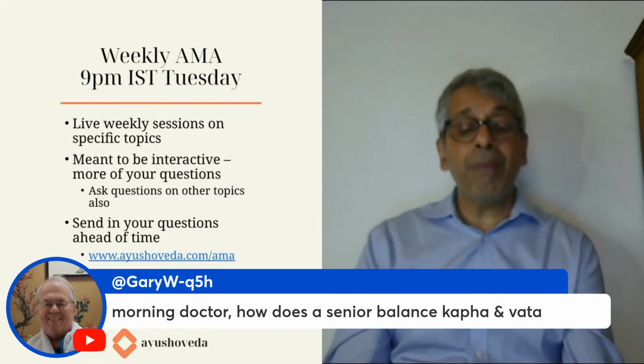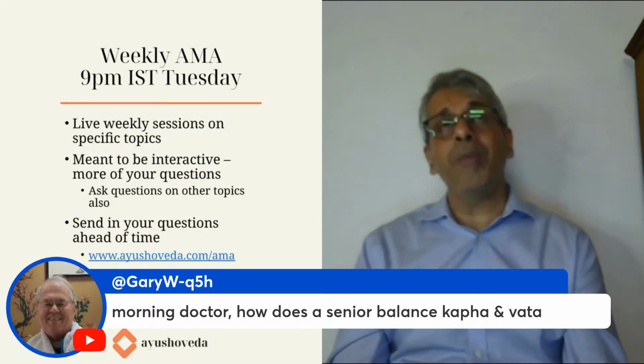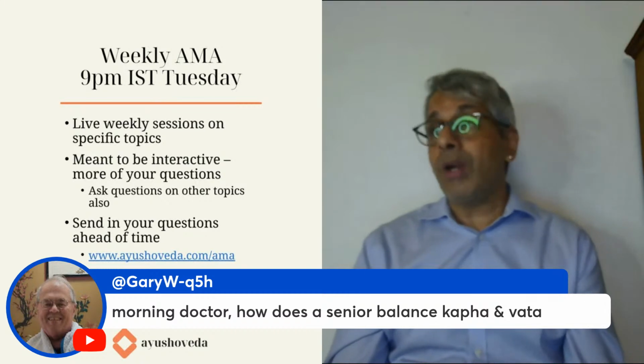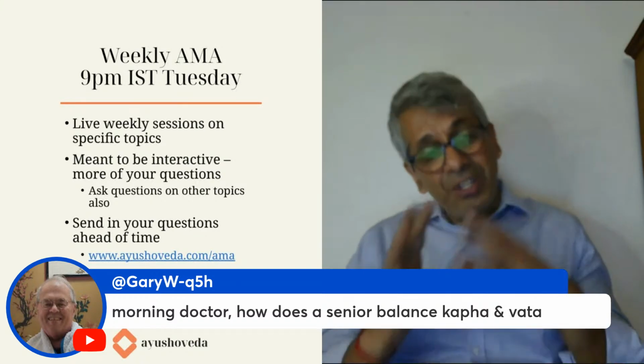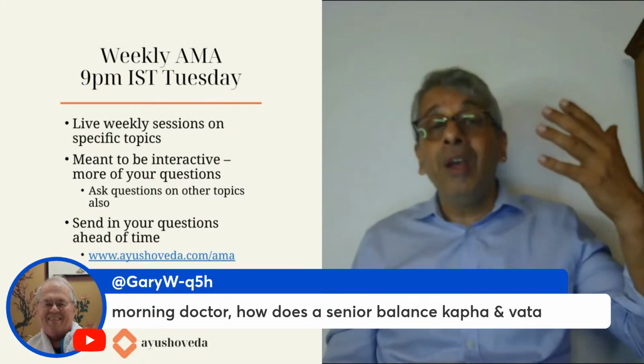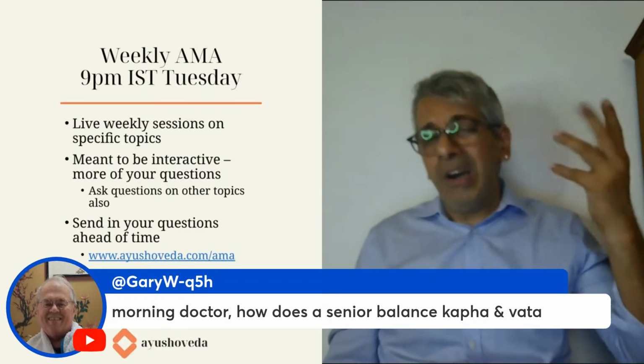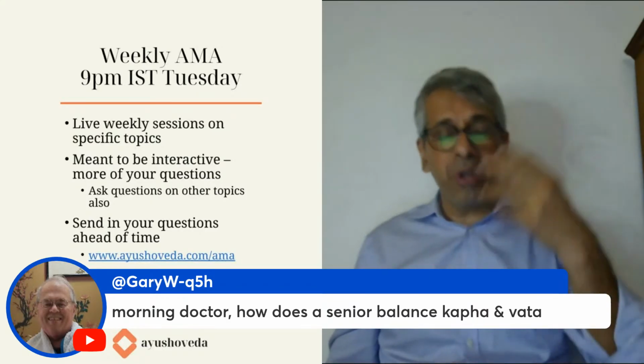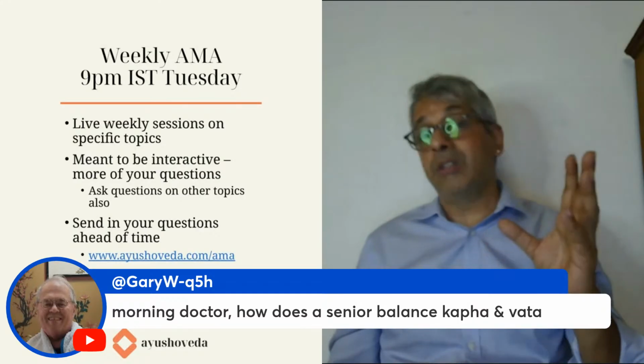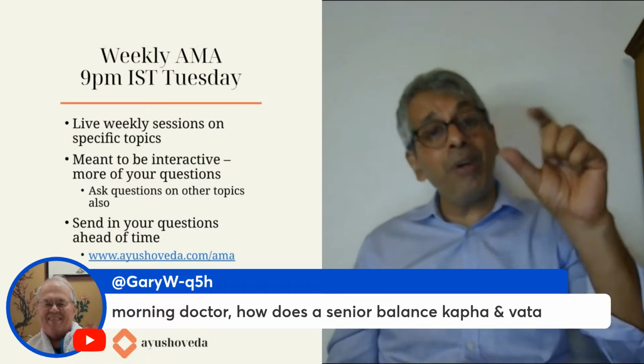How does a senior balance kapha and vata? Gary, if you are predominantly kapha, then all your issues would have predominantly been over in your childhood: a cough, breathing issues, running nose, fever, and all those things. But a predominantly vata person will have a better childhood.